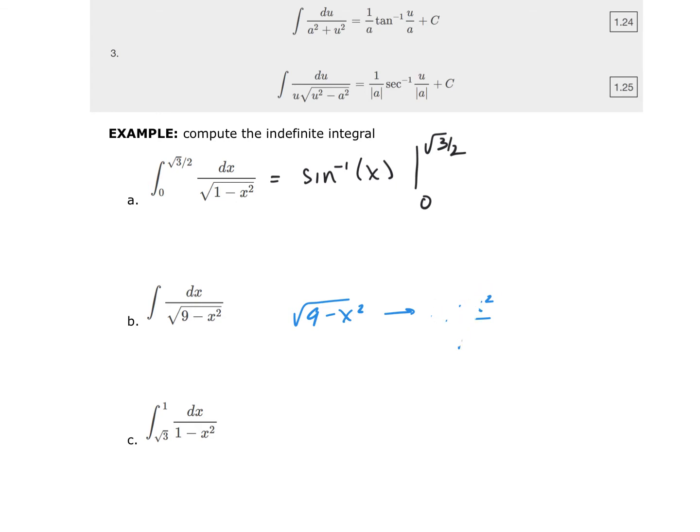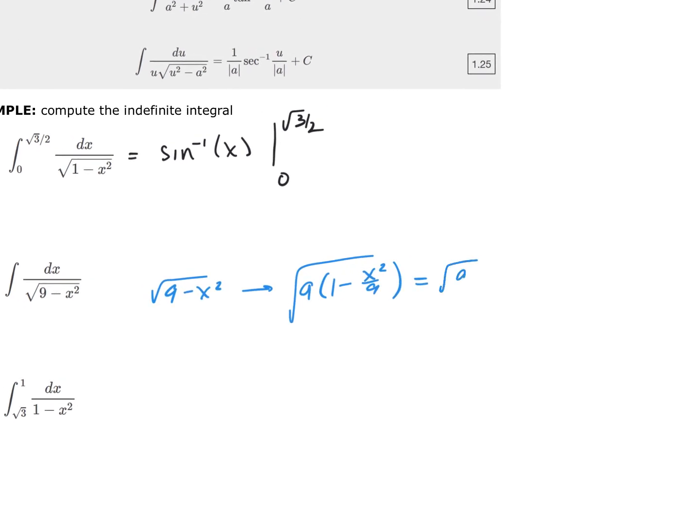I can rewrite this as the square root of 9 times the square root of 1 minus x over 3, the quantity squared. And then I have 3 times the square root of 1 minus x over 3, the quantity squared.